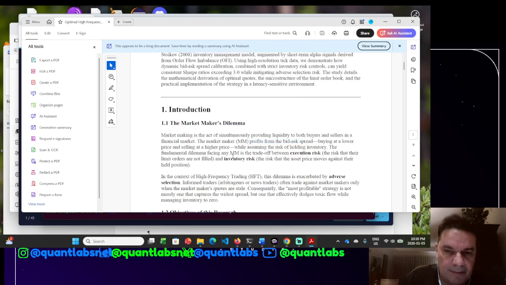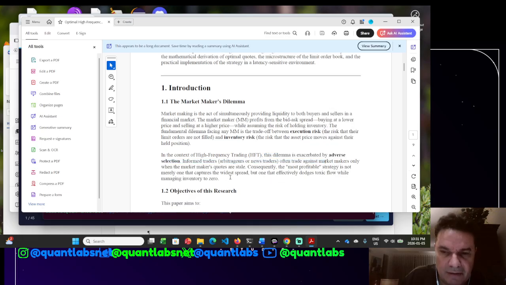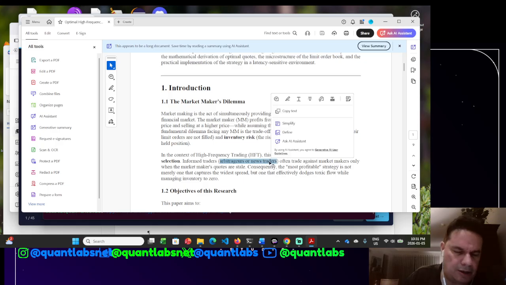There's a fundamental dilemma facing any market maker: a trade-off between execution risk, the risk that the order is not filled, and inventory risk, where the asset price moves against the held position. Now, this is specifically in classic high frequency trading. Certain firms can modify all of these equations I'm showing you. You can have adverse selection here, and a lot of people who do this are usually news traders, informed traders, or arbitrageurs.